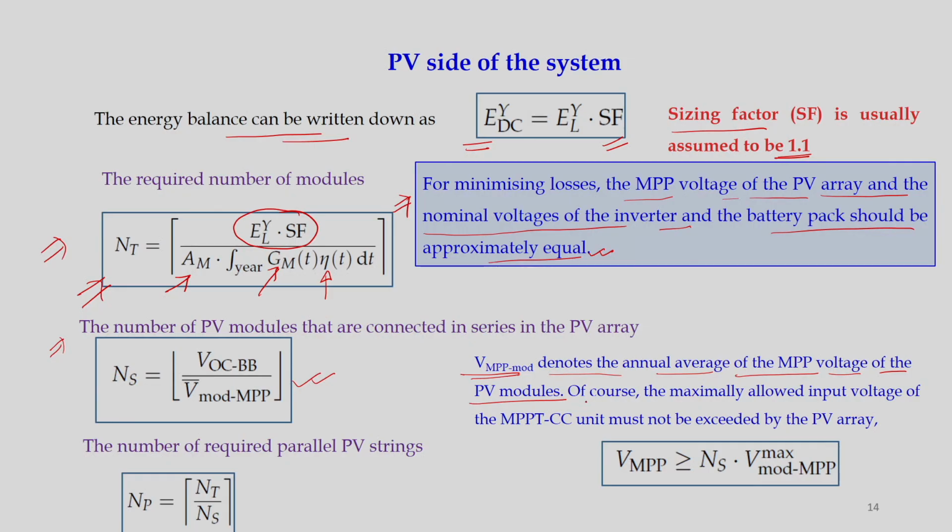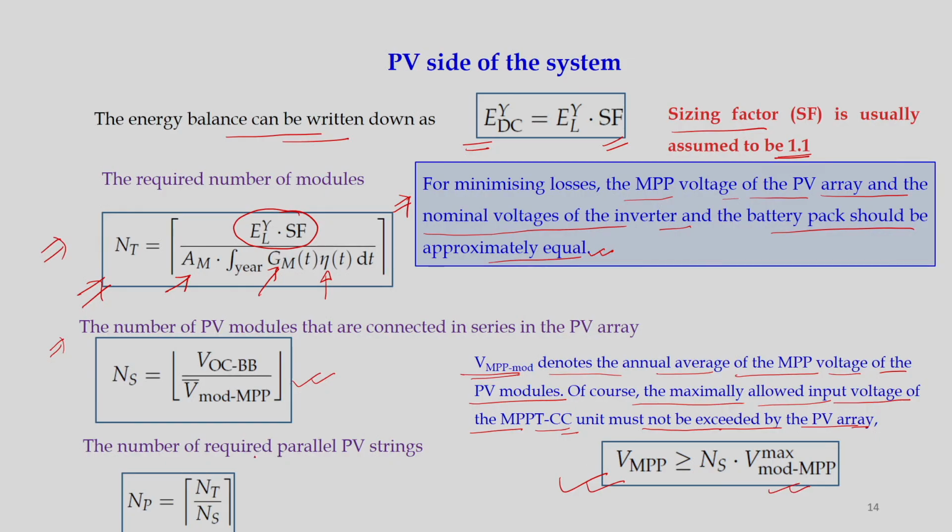Of course, the maximally allowed input voltage of the MPPT source controller unit must not be exceeded by this PV array. So, this condition has to be met.